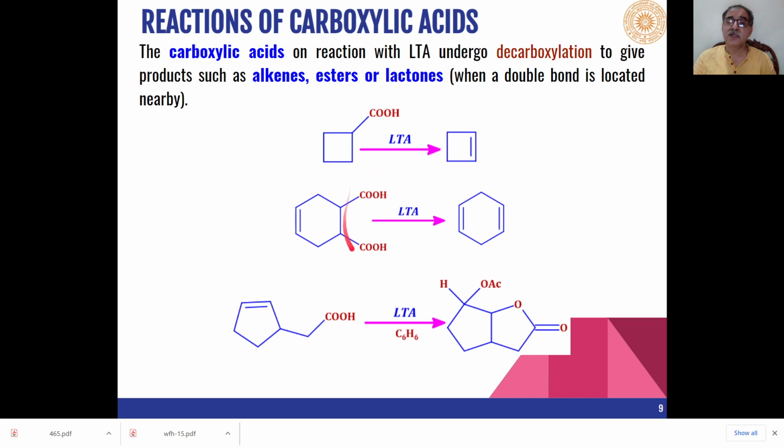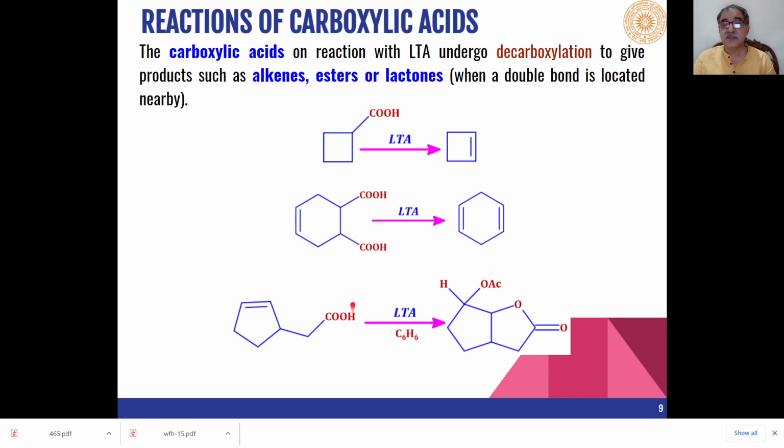Similarly, these dicarboxylic acids will undergo decarboxylation at both points with the formation of a carbon-carbon double bond, so 1,4-cyclohexadiene will be formed as the product.